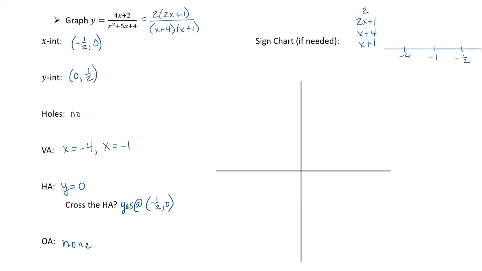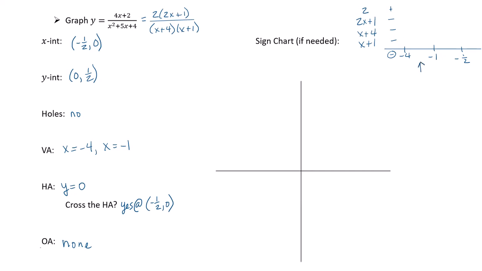Now to test each interval. -5, well, 2 is always positive. -5 times 2 is -10, plus 1 is negative. -5 plus 4 is negative. -5 plus 1 is negative. And so this is negative.